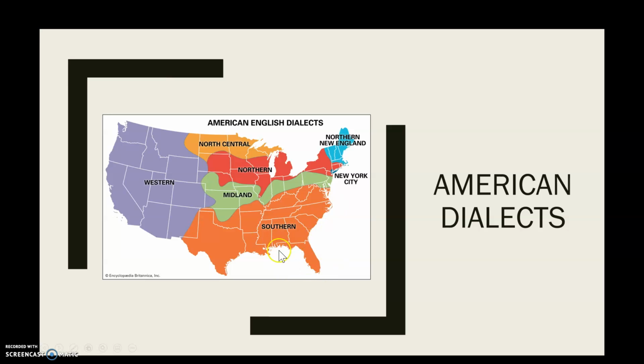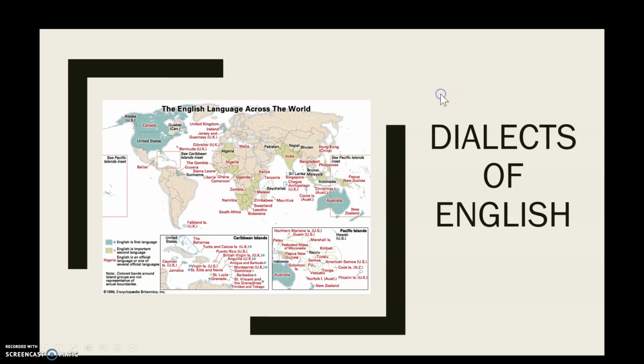Someone from Florida doesn't speak the same way as someone from Alabama, and someone from Kentucky or Texas maybe doesn't speak the same way as we do here. So there are even more regional subsects, and we don't need to memorize those. This is just to illustrate that language is different depending on where you're at, and even within the same language, people use it in different ways.